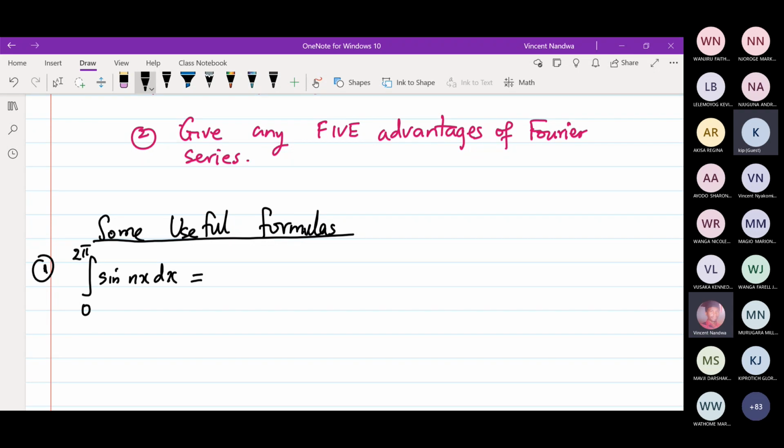So when you see all these values, n will mean an integer. So integral from 0 to 2 pi sine of nx dx.